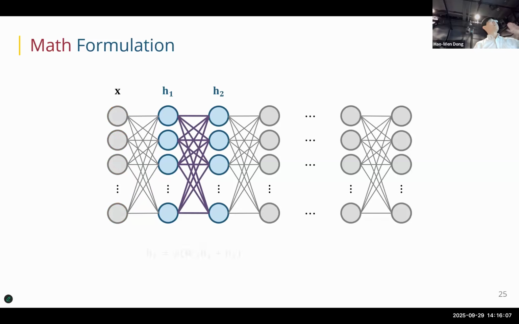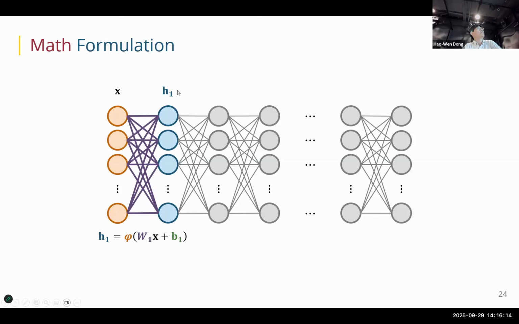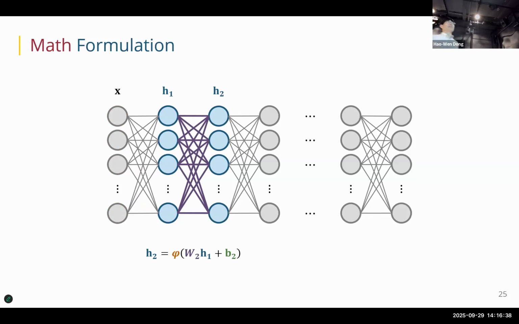And we can formulate them all in the same way. To get the first hidden layer, the first neuron outputs, X is the input. You have all the weights, the matrix. You do a dot product, and then add a bias term, and then apply the nonlinear sigmoid function or whatever other activation function. You can pretty much do the same thing for the second layer. So now you have H1, this first hidden layer.